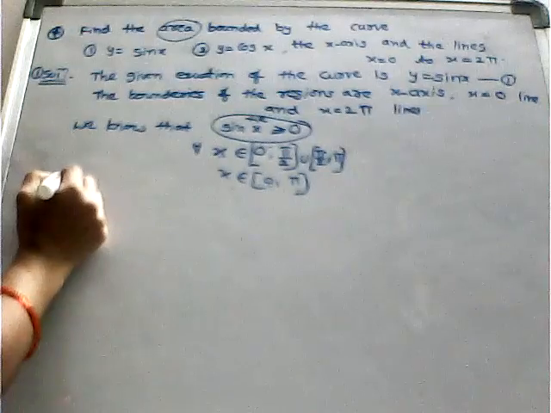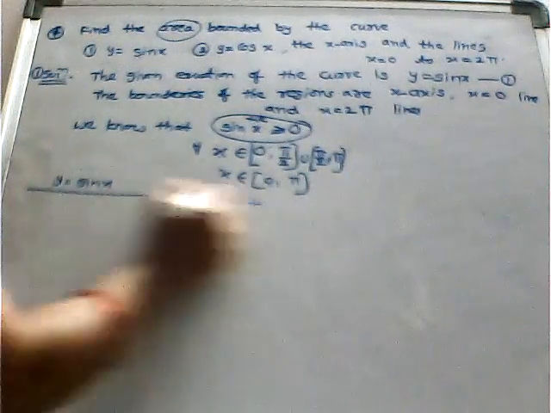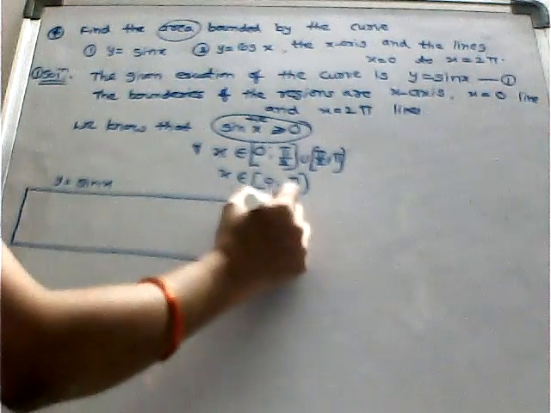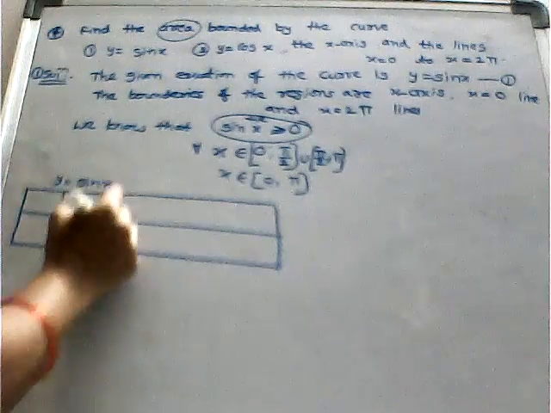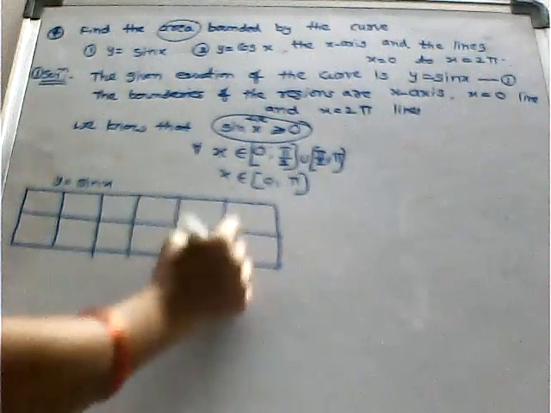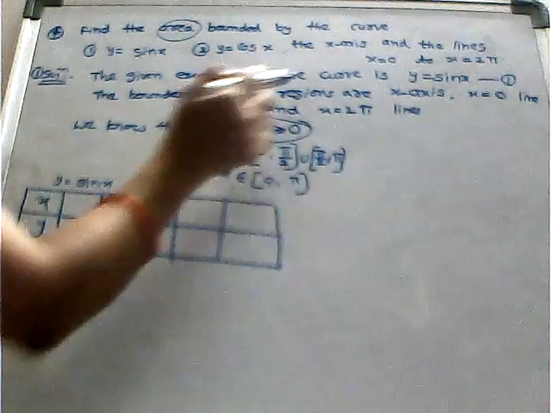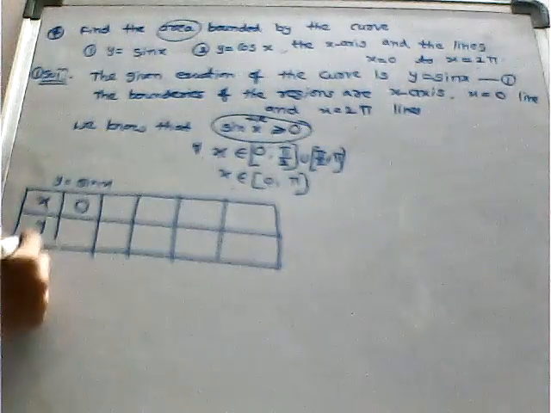So first of all we take the table, y is equal to sin x table. X values, y values, the given interval is 0 to 2 pi. For that we first take x is equal to 0.